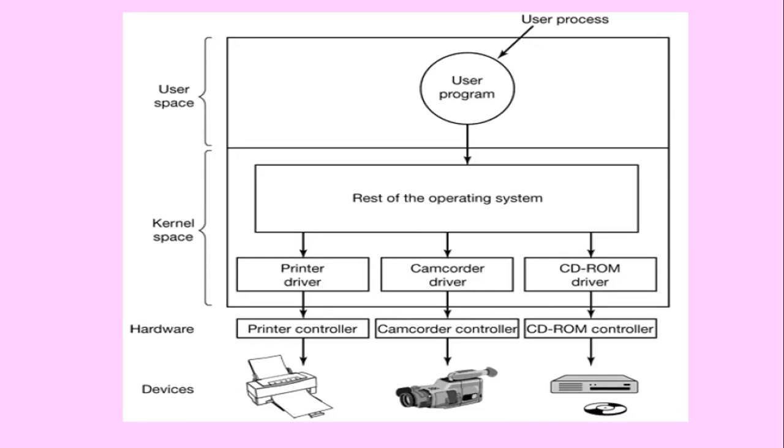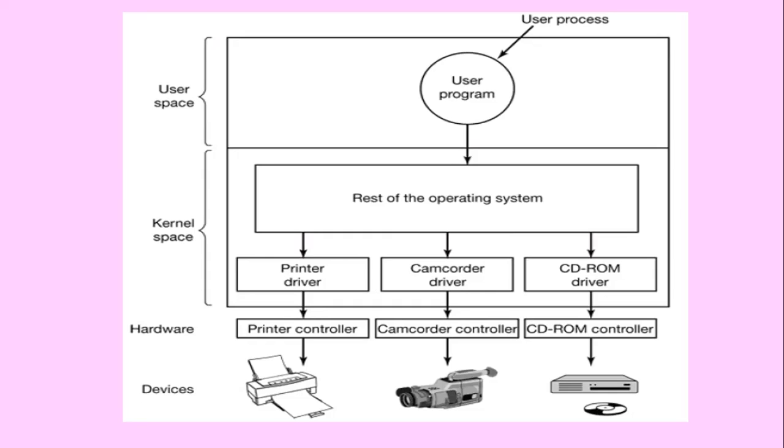Through the user process, the requests or communication is done, and this request is passed over to the kernel space. This kernel space is composed of the rest of the operating system as well as the various drivers. For example, from this diagram, we have the printer driver that communicates with the printer controller, which is in charge of communicating with the printer device.